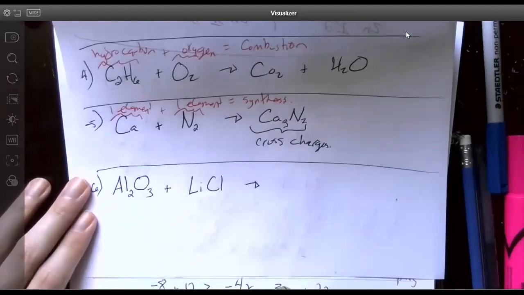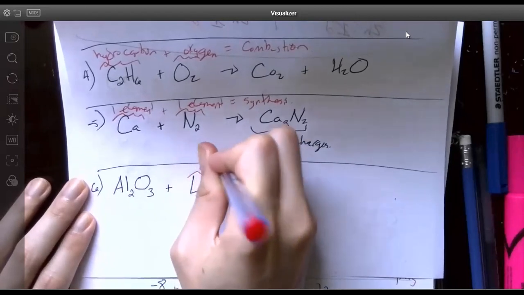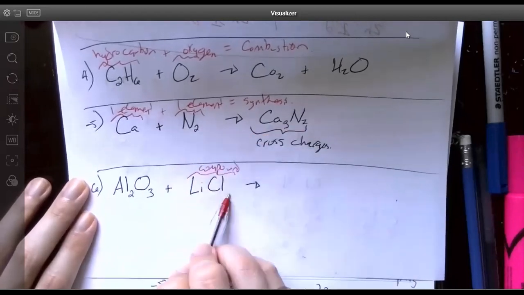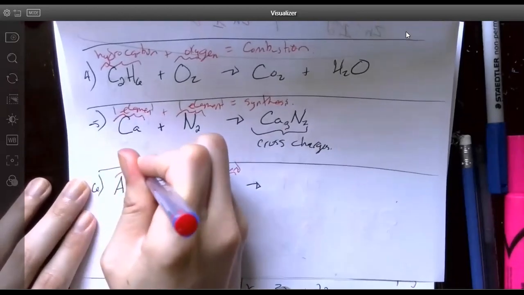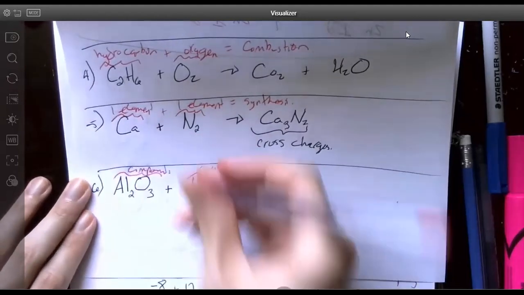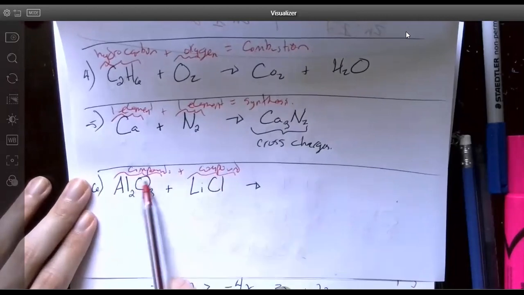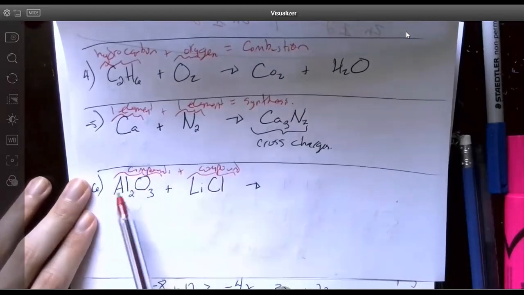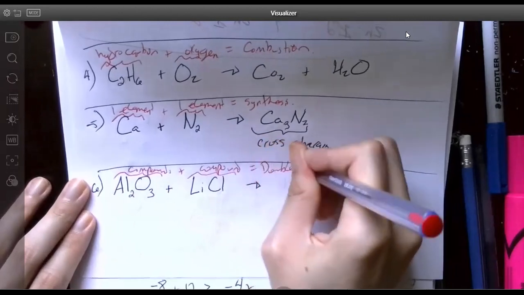Now, this time I have a compound. So it has 2 different elements at least, reacting with another compound. The only time I have 2 compounds reacting together and they're not an acid and a base is with a double displacement.